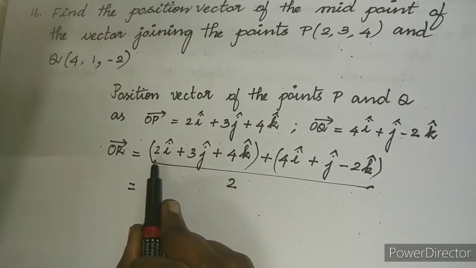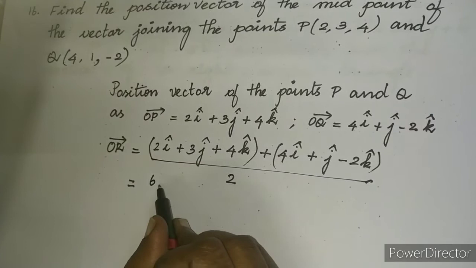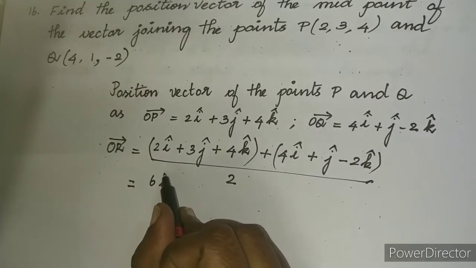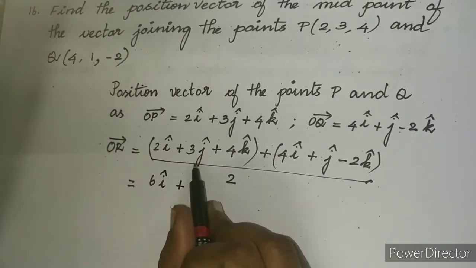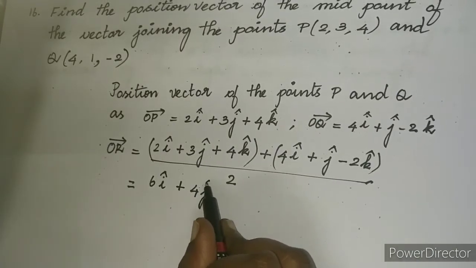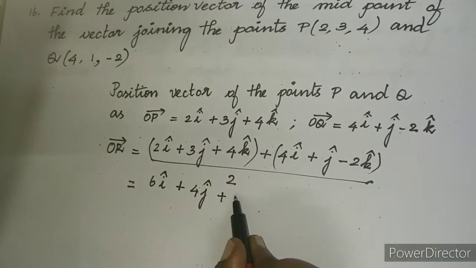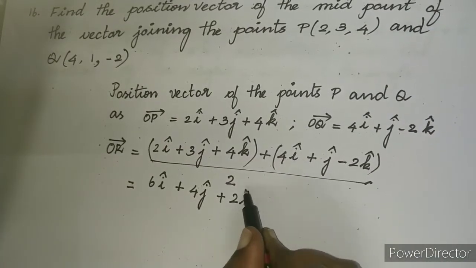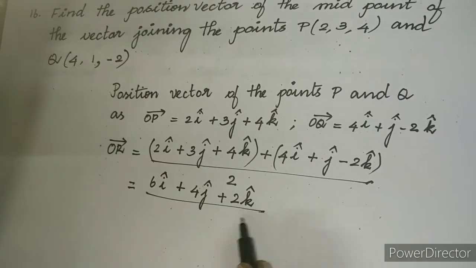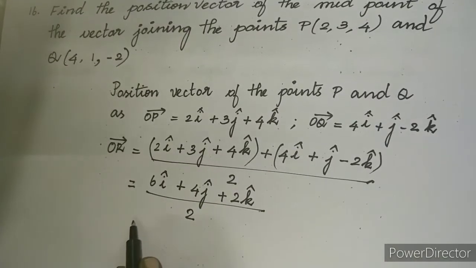We'll simplify now. 2 i cap plus 4 i cap is 6 i cap, and 3 j cap plus j cap is 4 j cap, plus 4 k cap minus 2 k cap is 2 k cap, divided by 2. Divide each and every term by 2.